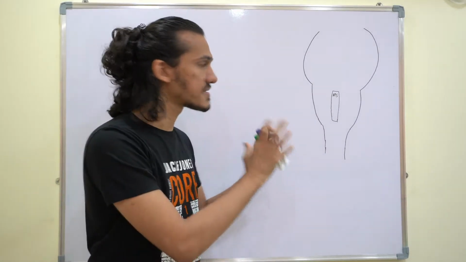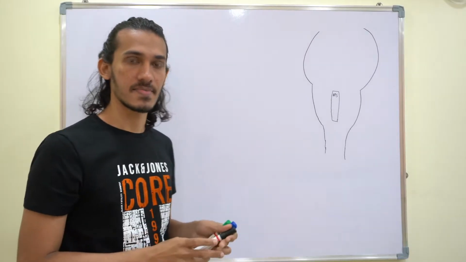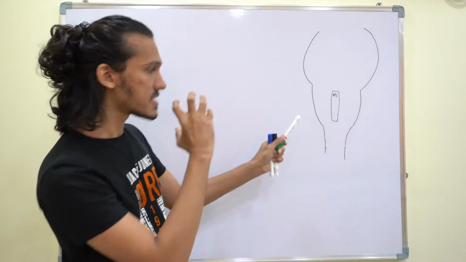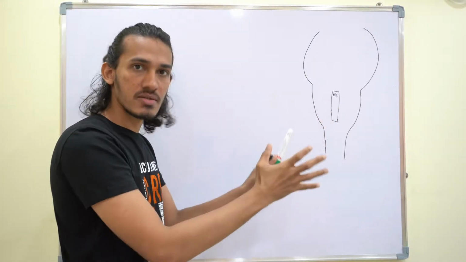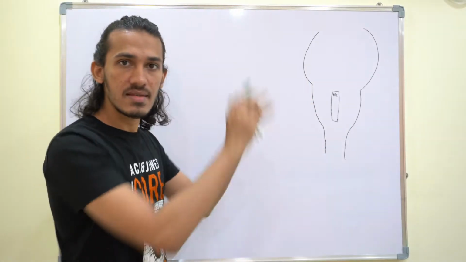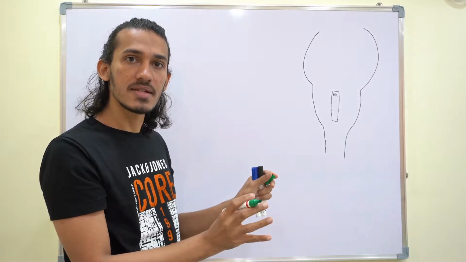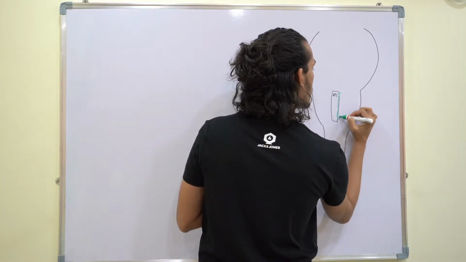So the nucleus tractus solitarius is an integrating complex. It is present dorsally in the midline, and just overlying it we have another set of neurons, the dorsal group of nuclei.